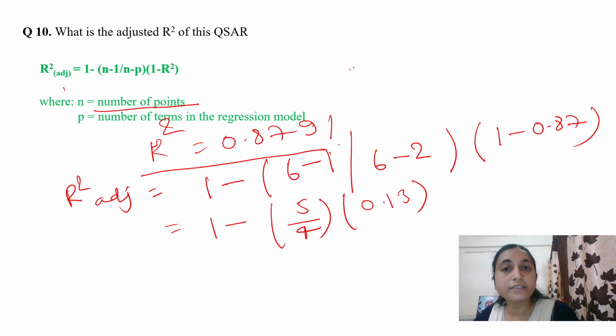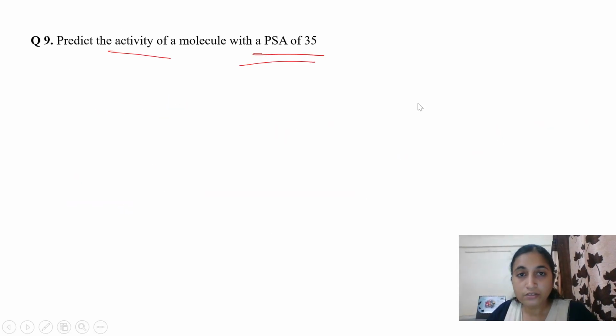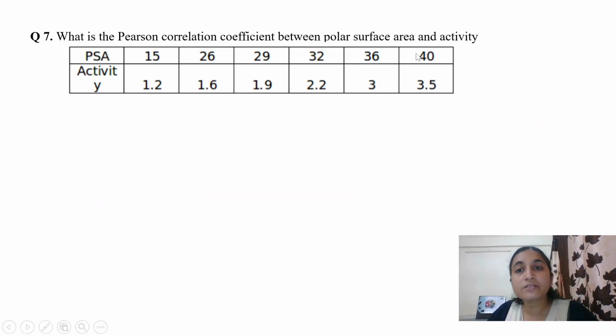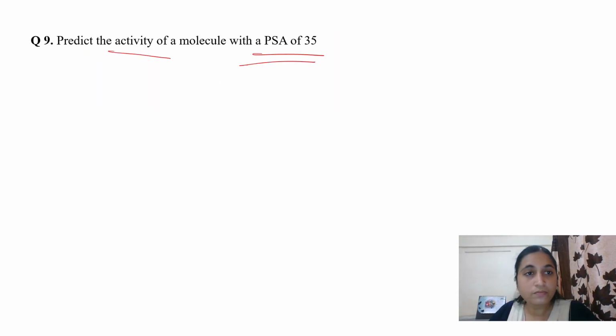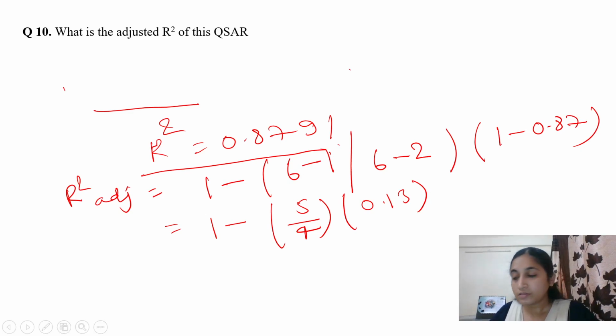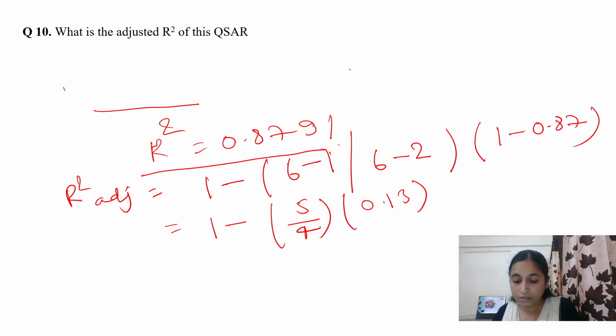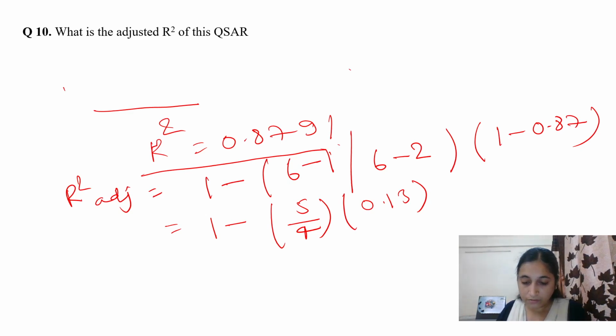This 6 value is given, na, and this other one is p, this 2. Now understand, this n equals this 6 and this p equals this 2, right?